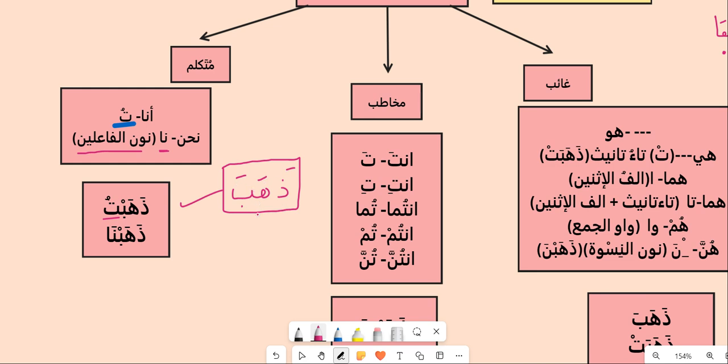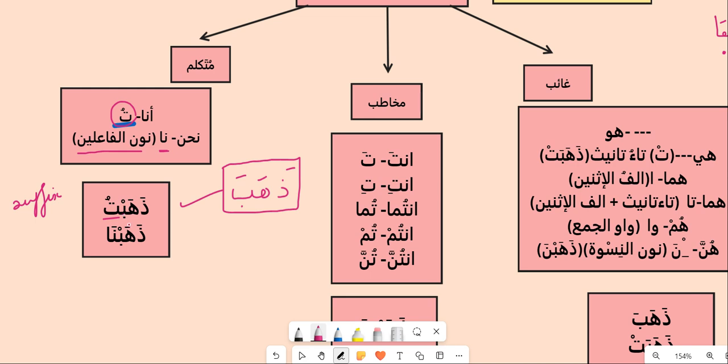So when you want to attach the damir to the past tense verb, what happens? You attach the damir at the end of the verb as a suffix. Remember that past tense damirs are always suffixes to the past tense.